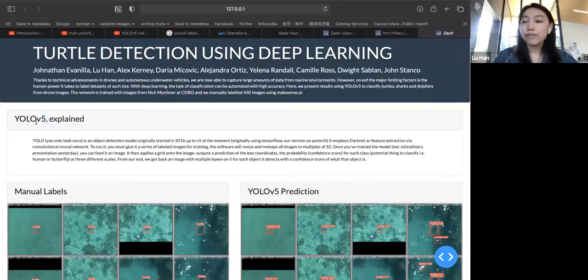Here we use version 5, and there's a pretty funny story: the first 3 versions were developed by 2 people, and then the last 2 were developed by a different set of people, because the original author of this method thought it would be unethical, as people could use this model to do evil things, for example, military kind of things. V5 we chose because it's very easy to use.